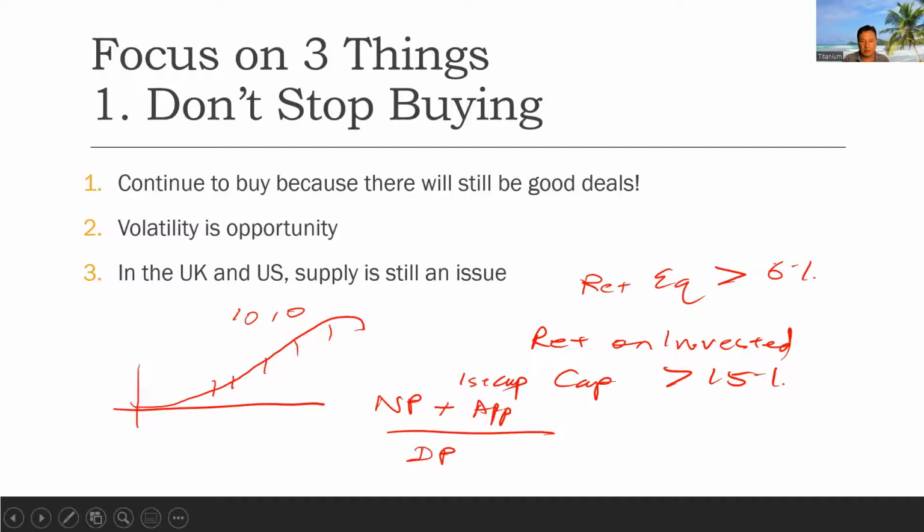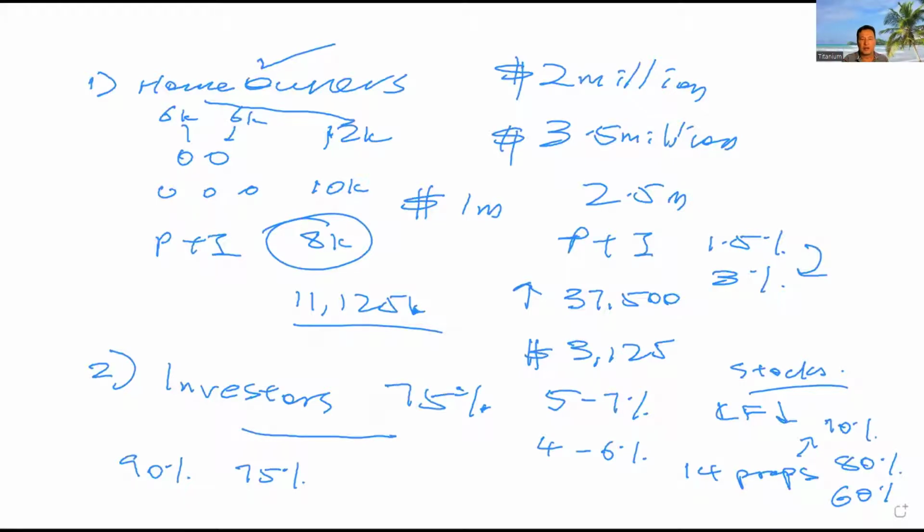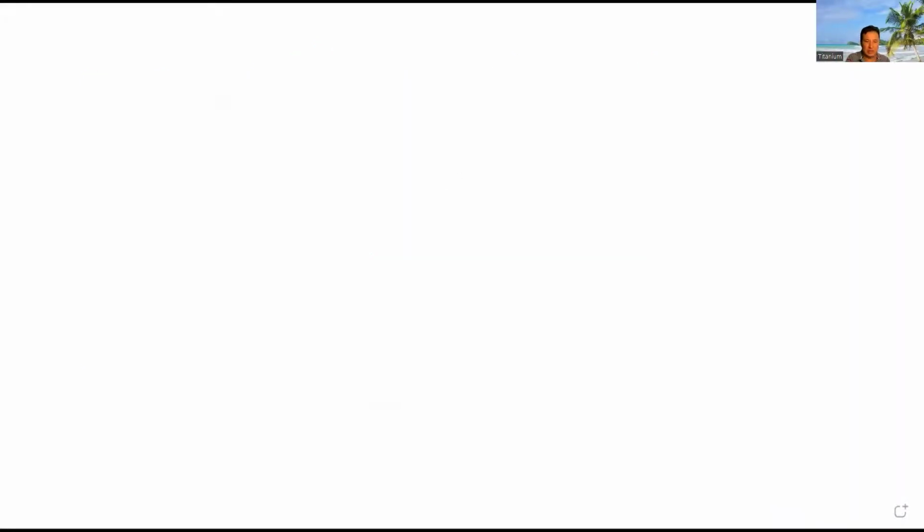Now, let me go back to this example here. Going back to the example, you have a down payment, 87,500 left in the deal.